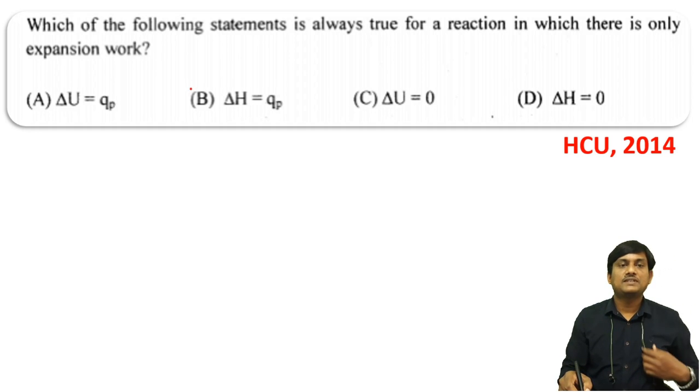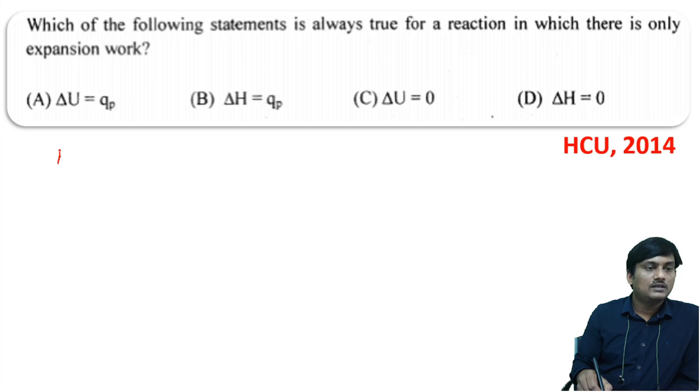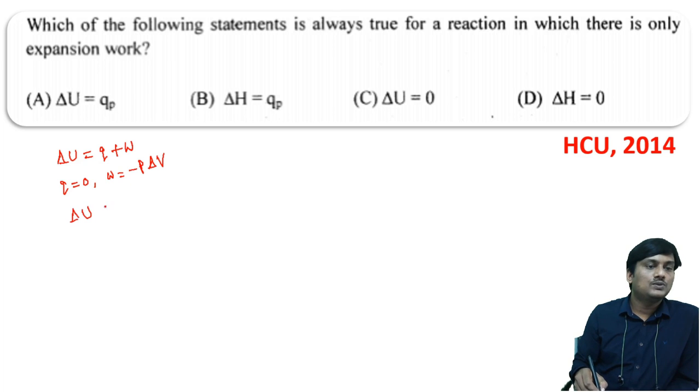Which of the following statements is always true for a reaction in which there is only expansion work? According to the first law of thermodynamics, delta U is equal to Q plus W. When there is only expansion work, Q is equal to 0 and W is equal to minus P delta V. So you can write delta U is equal to minus P delta V, and delta U plus P delta V is equal to 0.